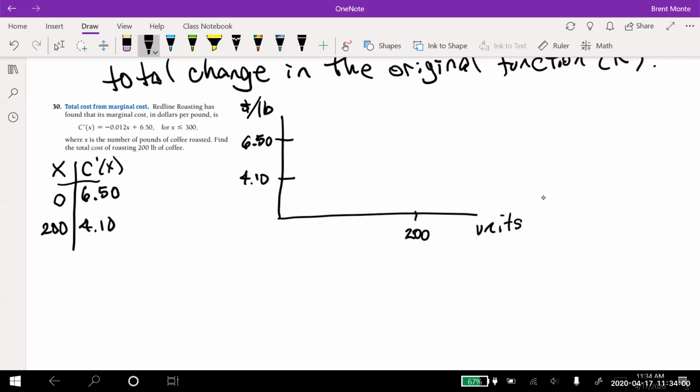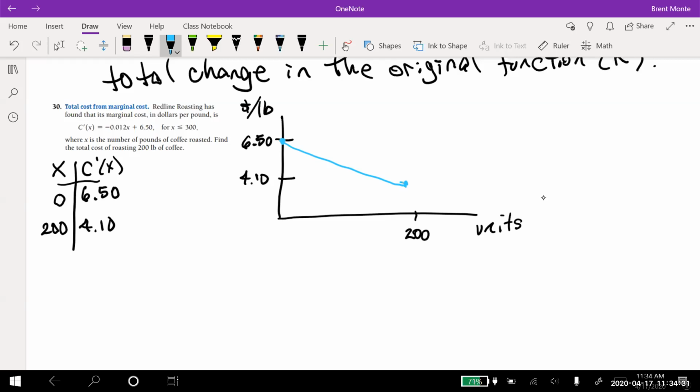Now let's do this in another color, so we use the blue. At 0, we were at 650. At 200, we were at 410. Now if we draw a line between those two points, I didn't really go all the way to 200, did I?